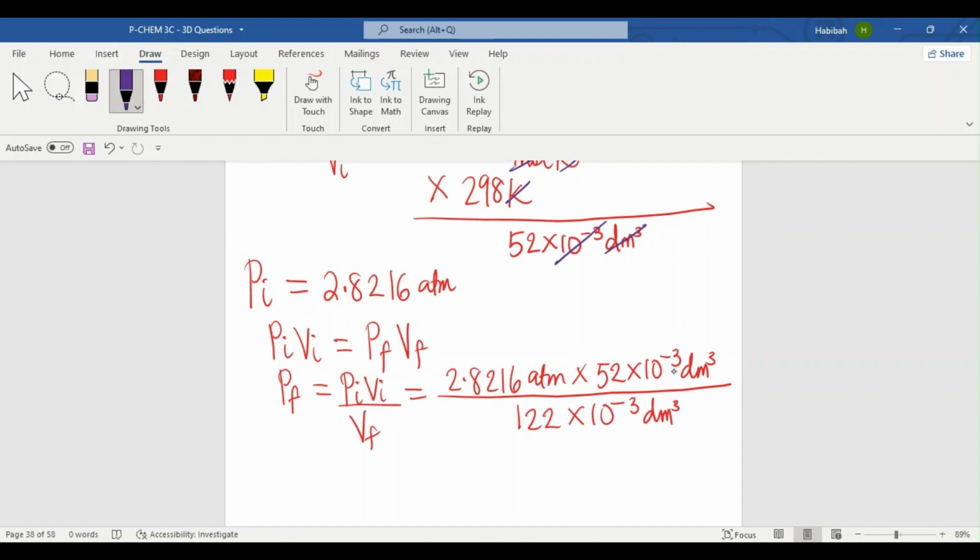When you cancel out the dm cubed and the 10 raised to the power negative 3, that will be 2.8216 atmospheres times 52 divided by 122. You're going to have the P final become 1.2026 atmospheres. Yep, that's how it's done. So that's the P final.